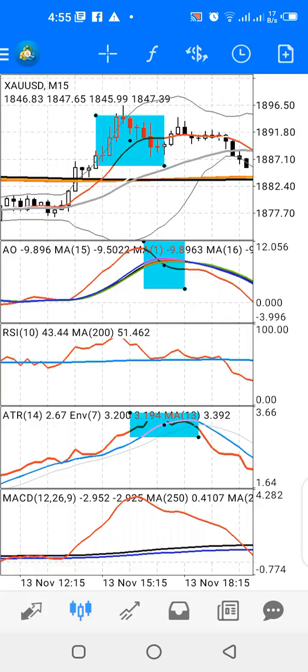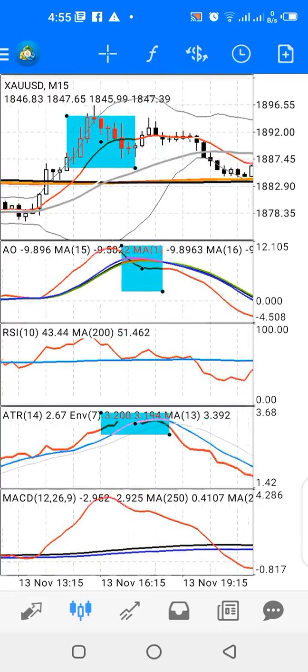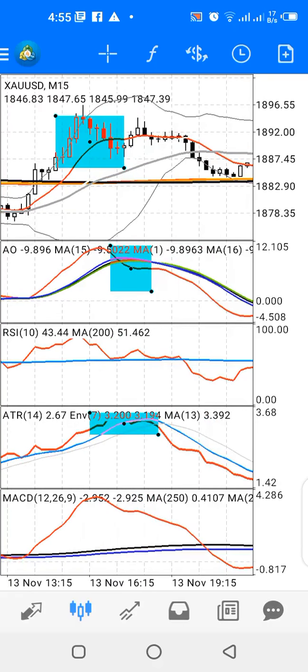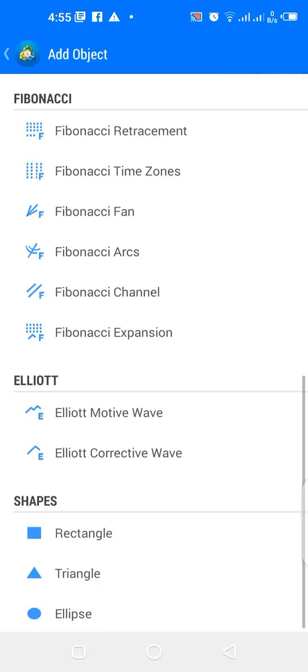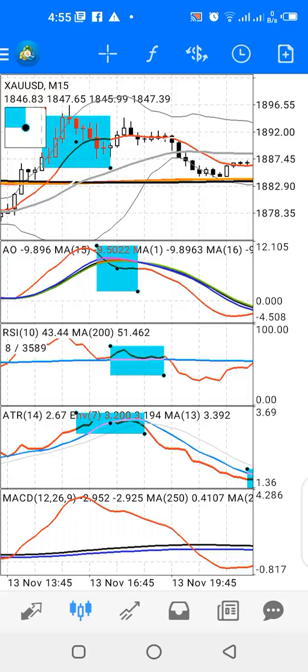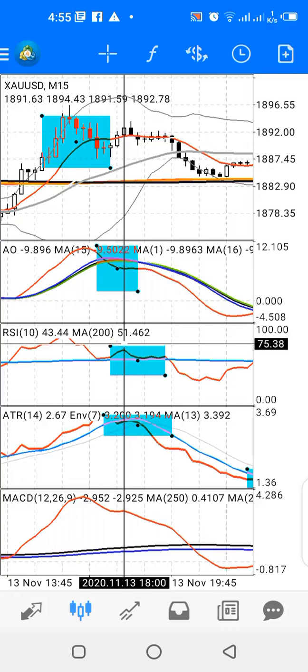Now when you have alignment, like you have a cross down here and you have a cross down here, okay, and you have a cross down here, if it aligns, you can take your trade, you can sell.